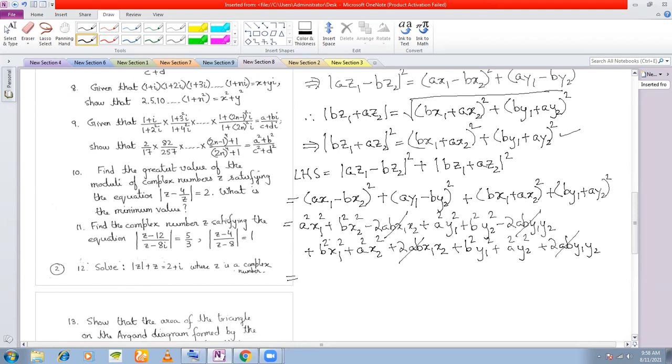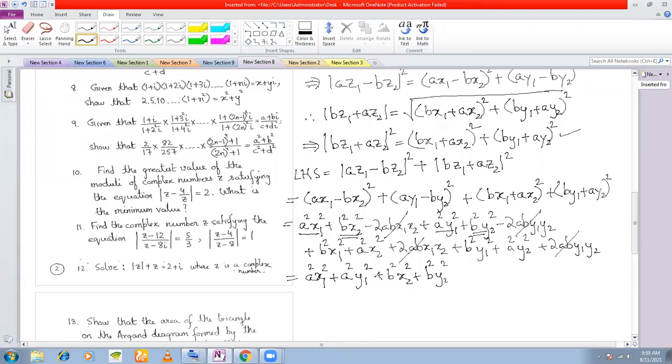Now you see a square x1 square is here, and a square y1 square is here. Let's take them together: a square x1 square plus a square y1 square. B square x2 square is here and b square y2 square is here. So let's take them together: b square x2 square plus b square y2 square.